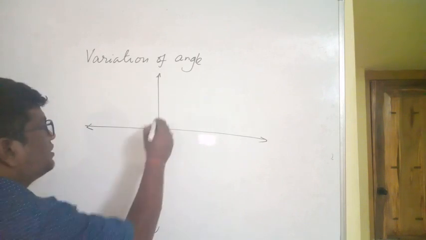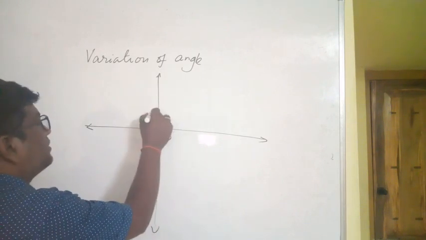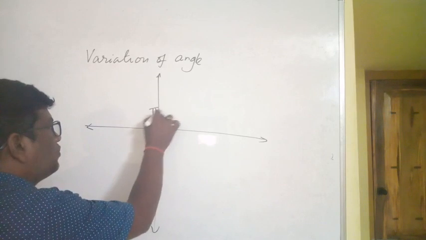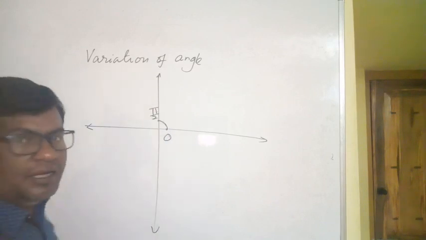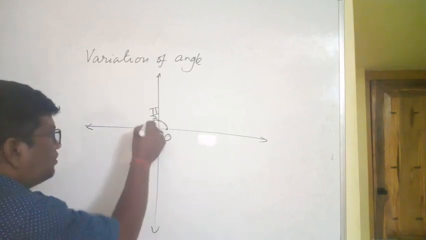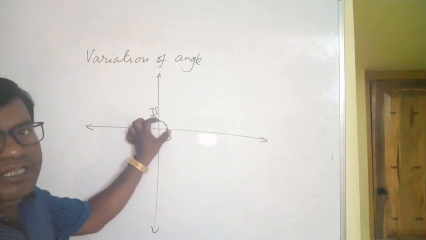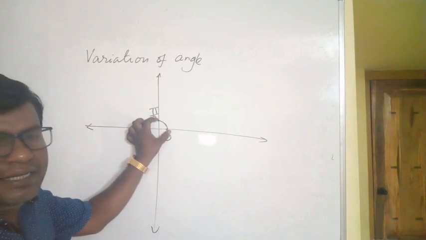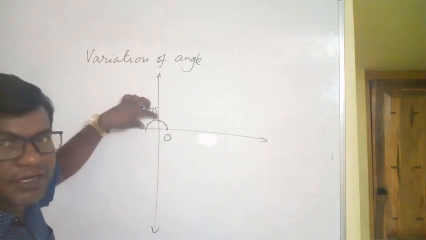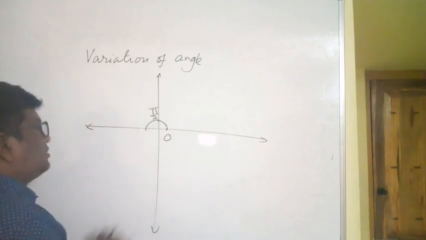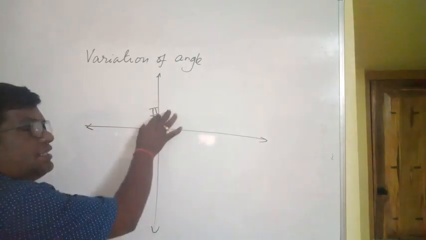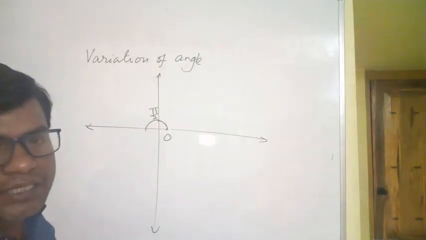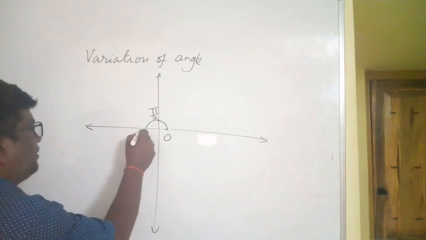What is the angle here? 90 degrees or pi by 2 radian. This amount is pi by 2, and this is also pi by 2. So pi by 2 plus pi by 2 is equal to pi.